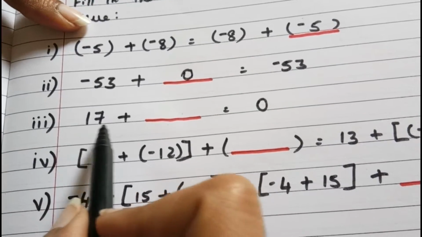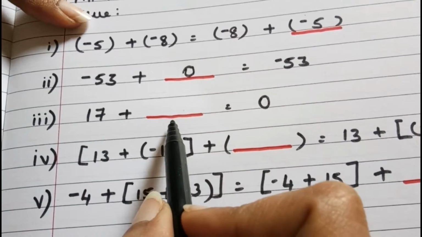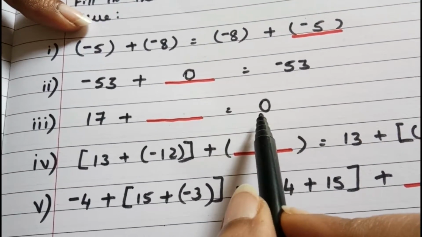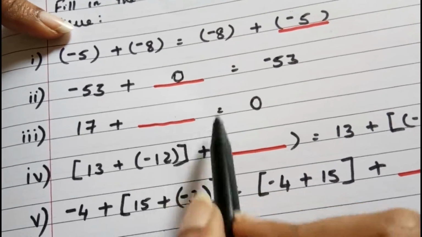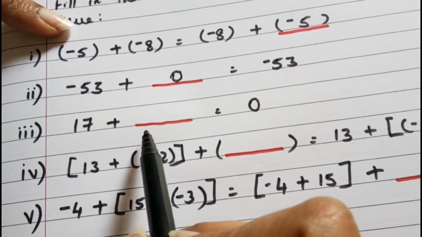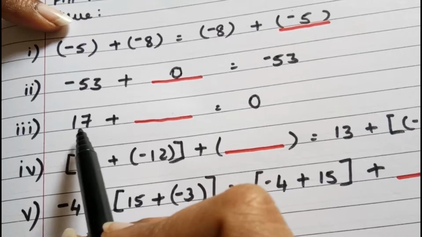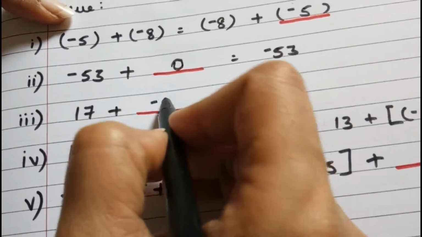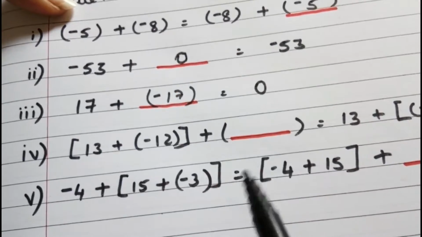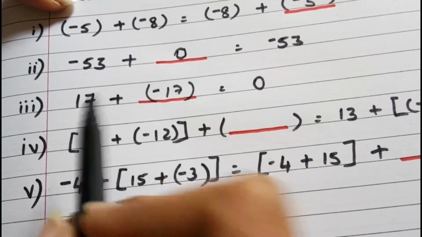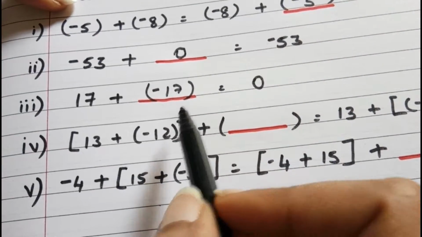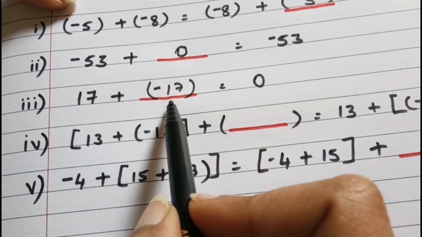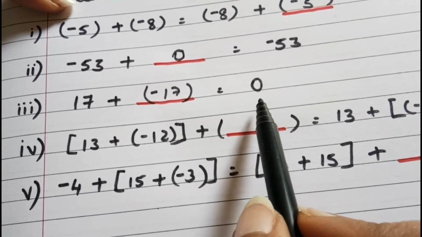Third sub question, 17 plus dash is equal to 0. Now what would be the answer here? What plus what is equal to 0? Yes, 17 plus minus 17 is equal to 0. This again falls under the additive property. Plus 17 and minus 17 will give the answer as 0.